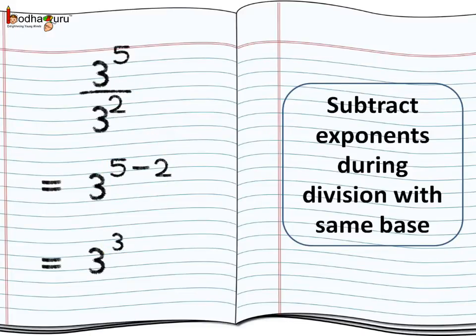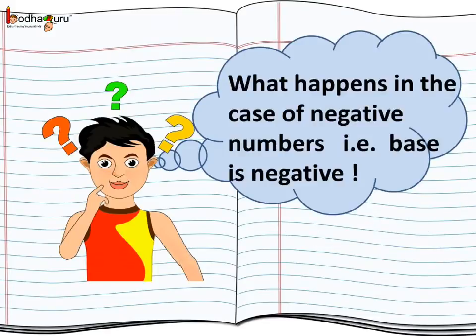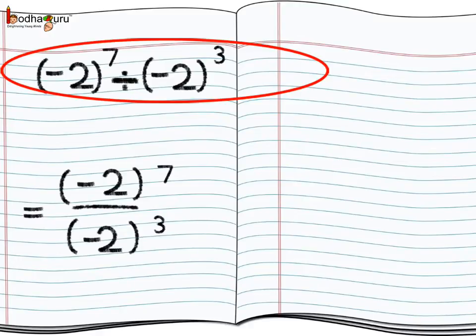So, during division involving numbers with the same base and different exponents, to simplify or solve, we subtract the exponent of the denominator from the exponent of the numerator. Now, what happens in the case of negative numbers? That is, when the base is negative. How to divide minus 2 to the power 7 by minus 2 to the power 3?